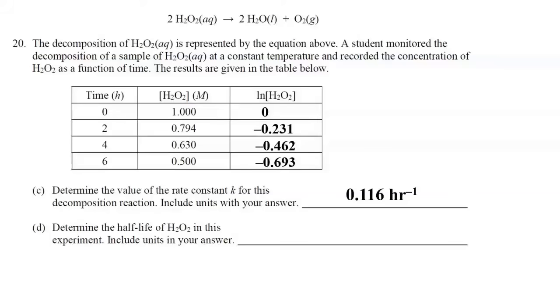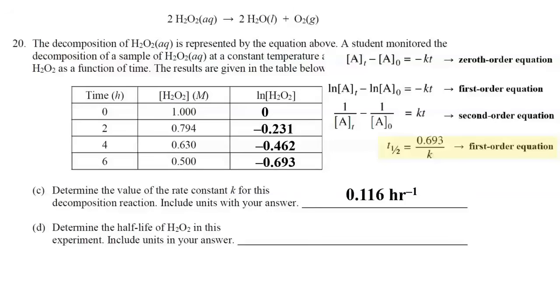Determine the half-life of H2O2 in this experiment. Include units in your answer. Well, the half-life can be equal in a first-order kinetic situation to 0.693 divided by the rate constant. In part C, we've already calculated the rate constant, which is 0.116.